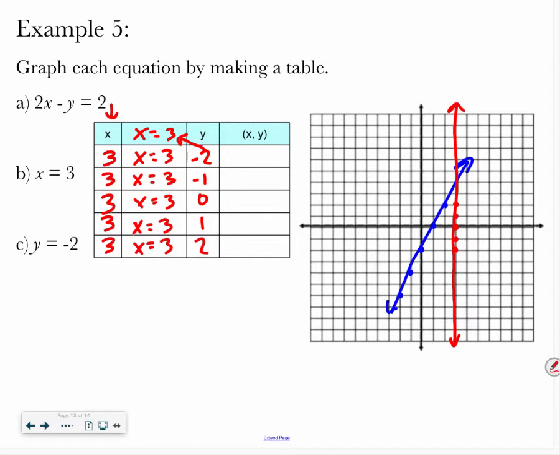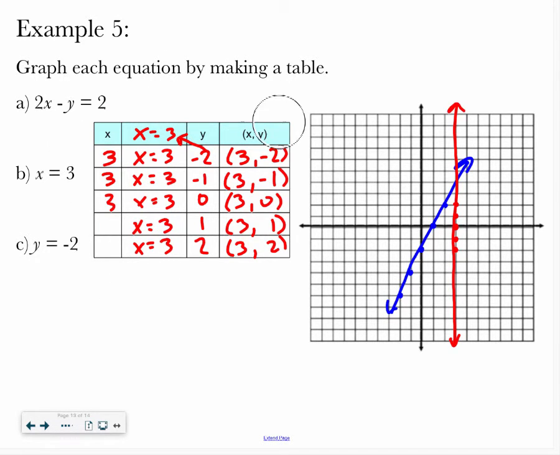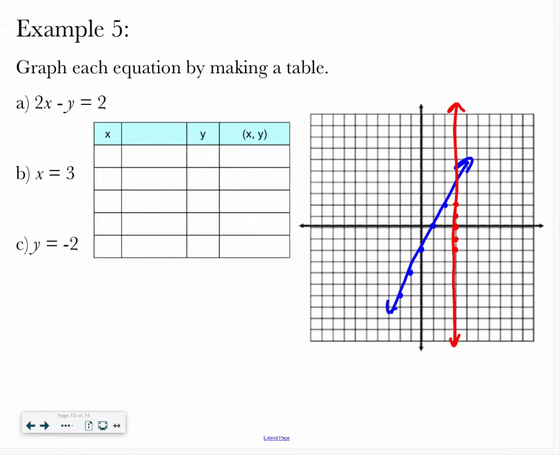And your points would always be 3, negative 2, 3, and so on, because we already said x is always 3. So, when you have an x equals a number, you get a vertical line. When you have an x and a y, you get a diagonal line or slanted line.